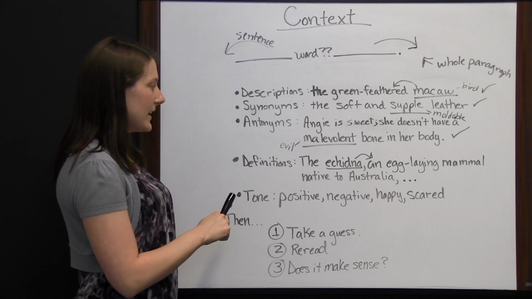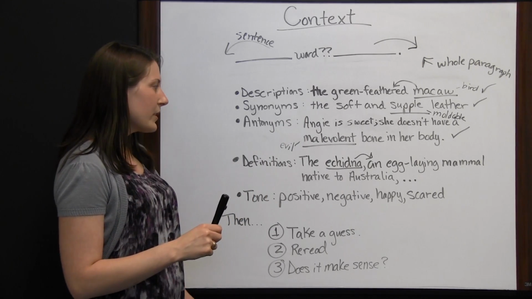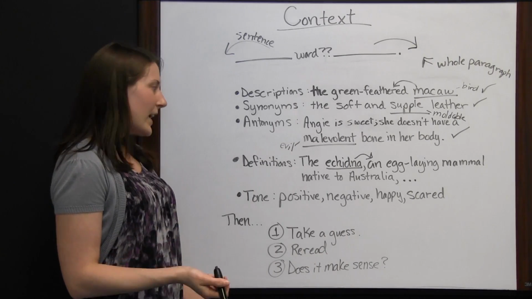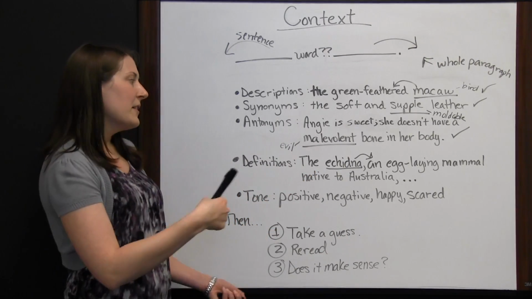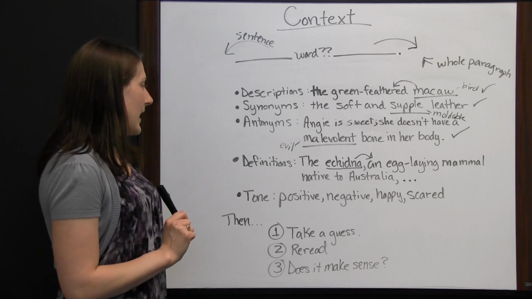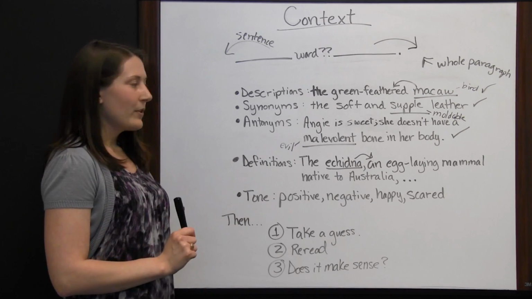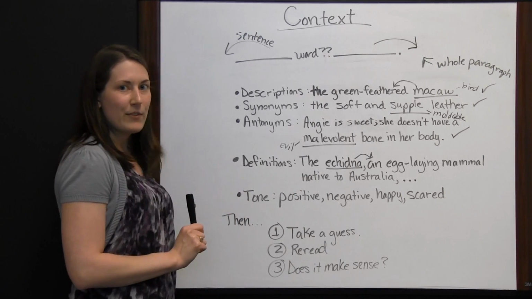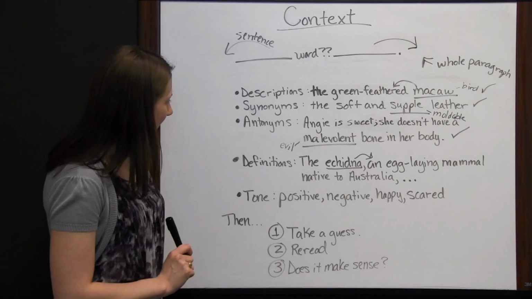Now, the echidna sentence is a little different. If they plug in a definition for you, then it's a little harder to check. You would just say an egg-laying mammal native to Australia, and then maybe reread the sentence after that point, because the definition's already there for you. There's not really a synonym for echidna or anything else you could have come up with for what that one meant.